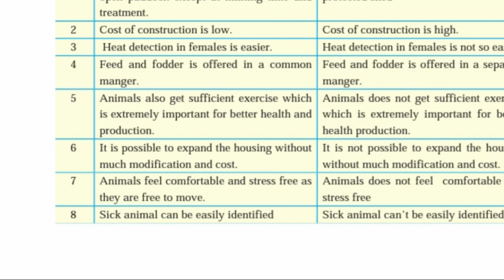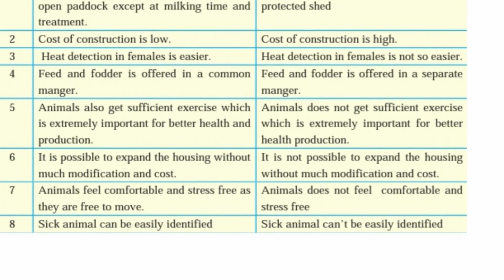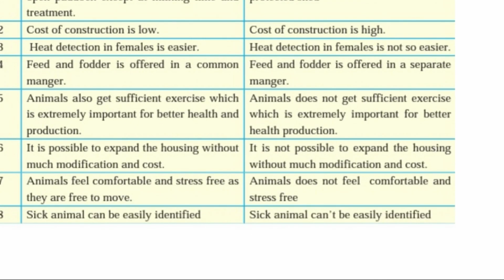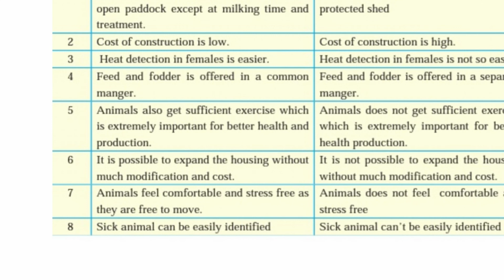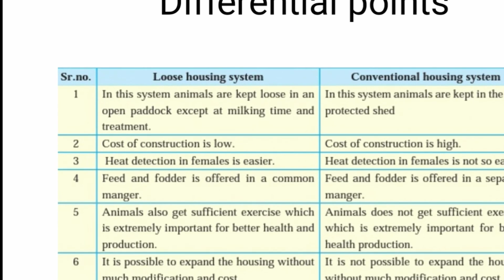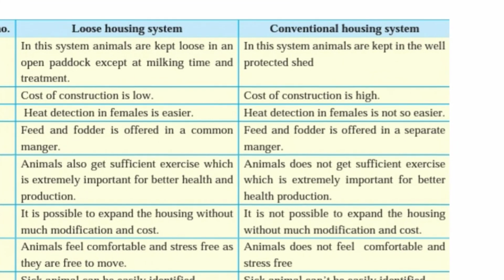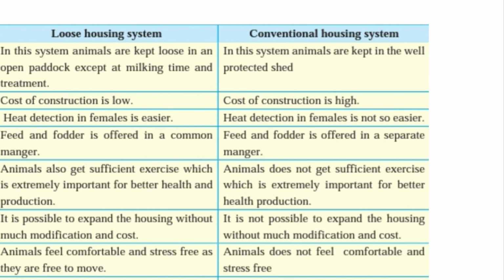The sick animals can easily be identified in loose housing system, because they get isolated and show some signs of a disease, and they can easily be observed from a distance. The sick animals cannot be easily identified in a conventional housing system. So these are some of the important differential points between loose housing system and conventional housing system.